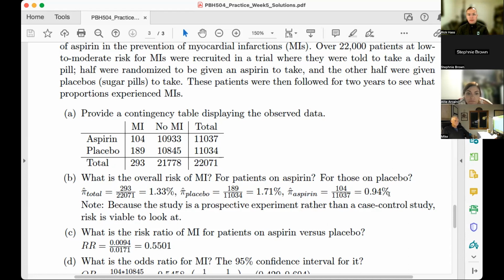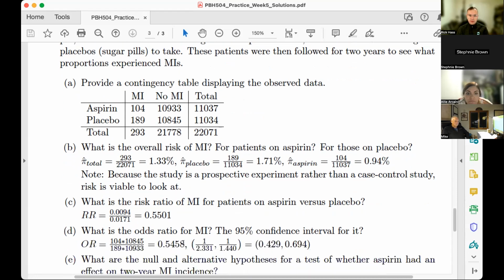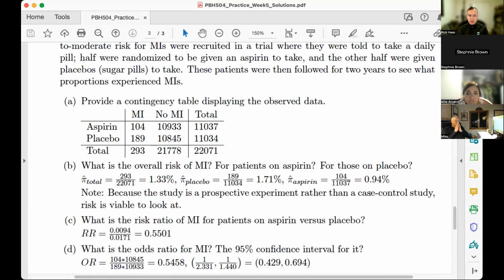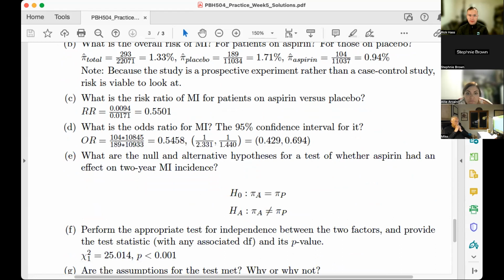Now you can get this from SPSS. It can compute risk for you, and I'll show you, but you can also compute these for yourself. The important thing is computing the odds ratio. We have it here, but I'm going to show you how to compute it. And then of course the null hypothesis.